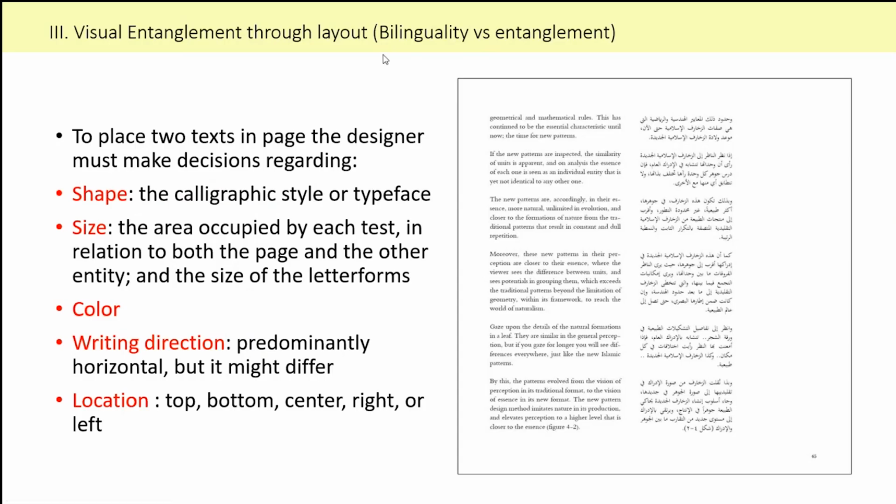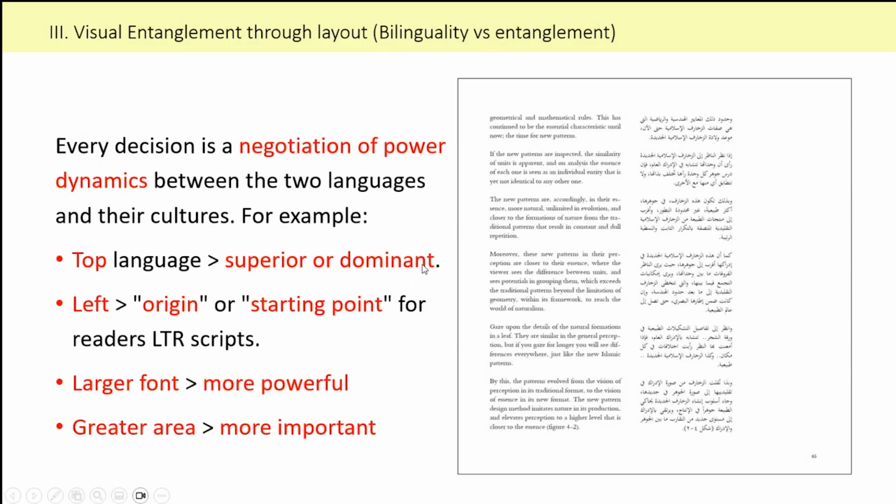To place two texts in a document, on a page, the designer must take decisions regarding the shape, the size, the color, the writing direction, and the location where to place things: top, bottom, center, right. But for every decision, there is a negotiation of power dynamics between the two languages and their cultures.